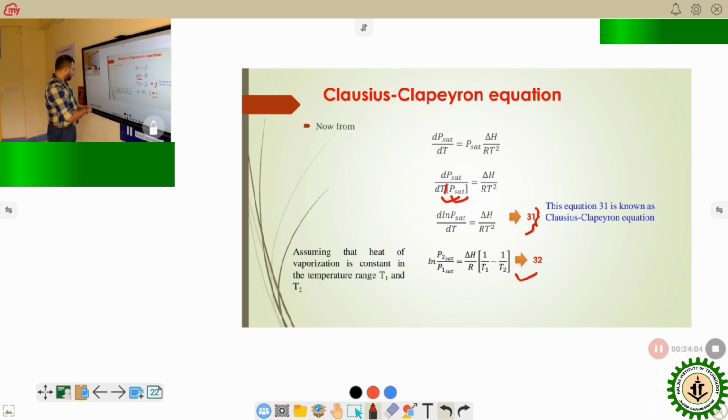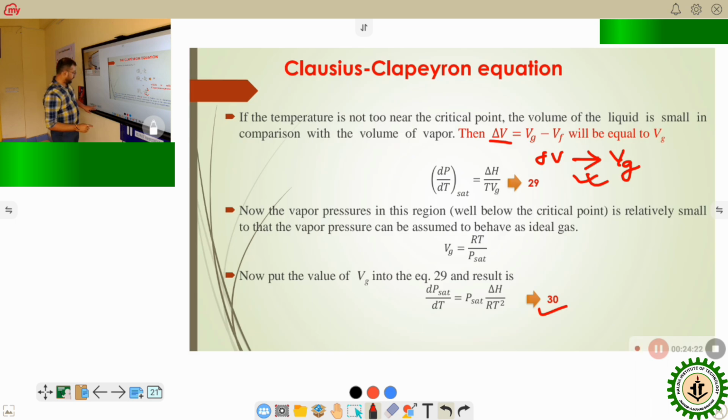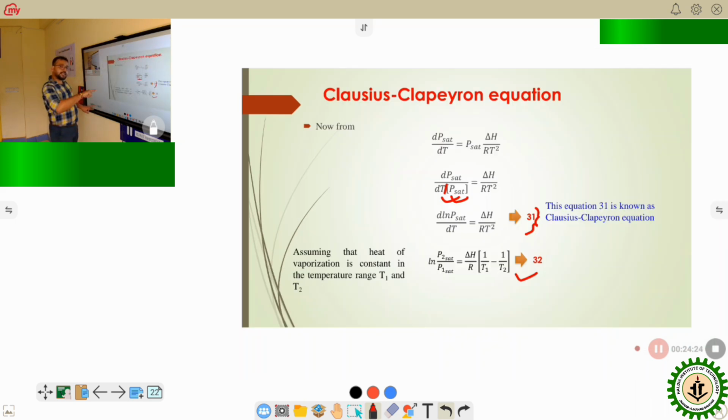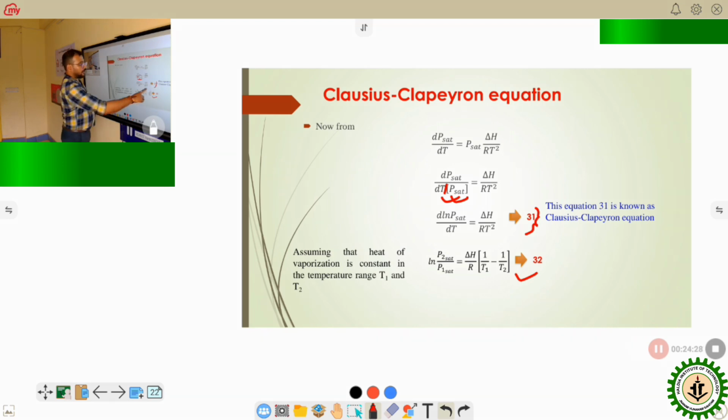Before that, the Clapeyron equation gives the information about the enthalpy change during the phase change operation, and as in the phase change operation delta V tends to Vg, based on that the Clapeyron equation is modified into the Clausius-Clapeyron equation.